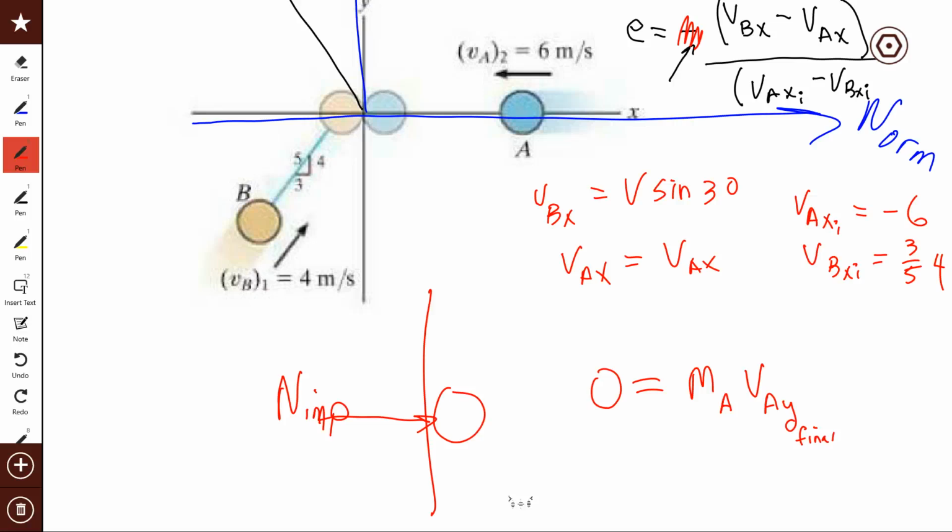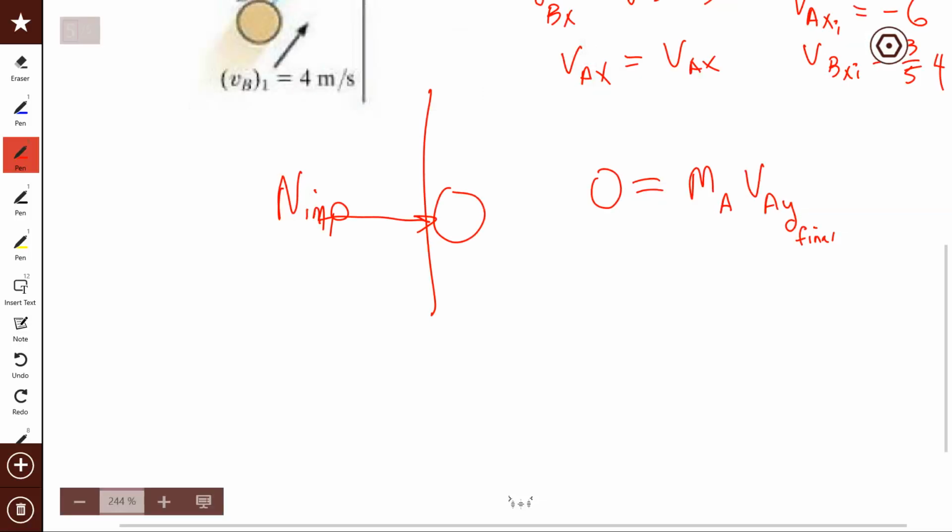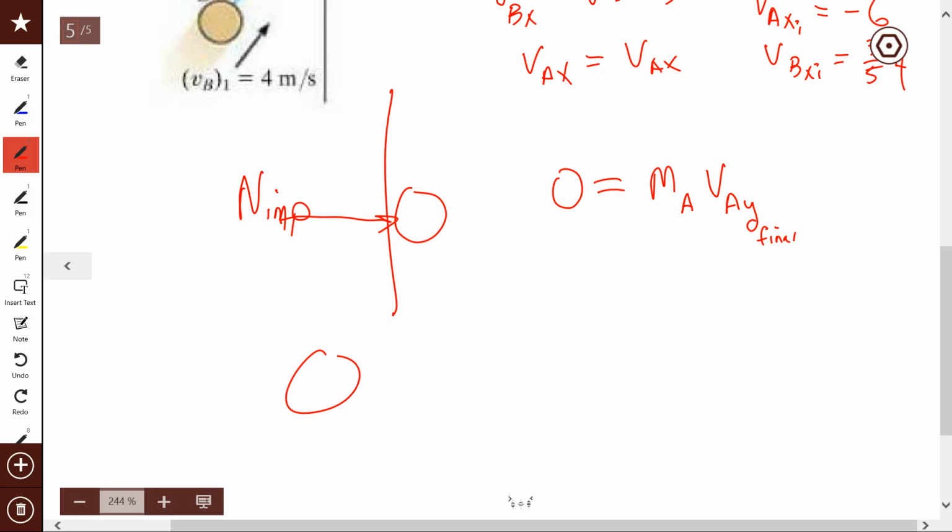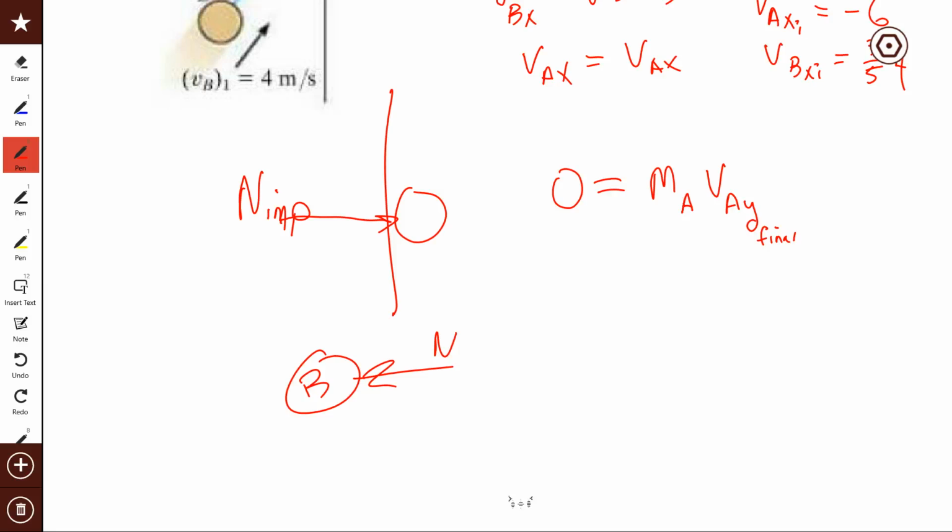Okay, so there's V_A,y. Could you also do it for B? Here's B. Do you have any impulsive forces on B in the Y direction? No. So you can say impulse of B in the Y direction is 0.